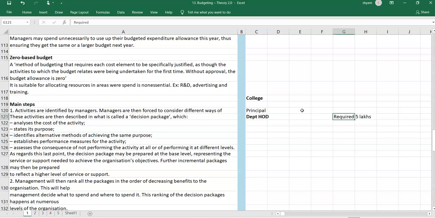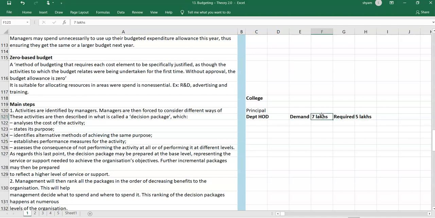They need 5 lakhs to run the department, but will they ask that amount? The answer is no. They will simply ask for something like 7 lakhs. So this is their demand, even though their original spending would only be 5 lakhs.